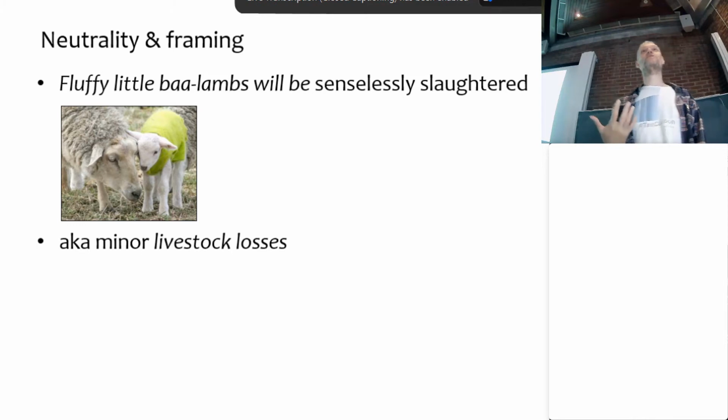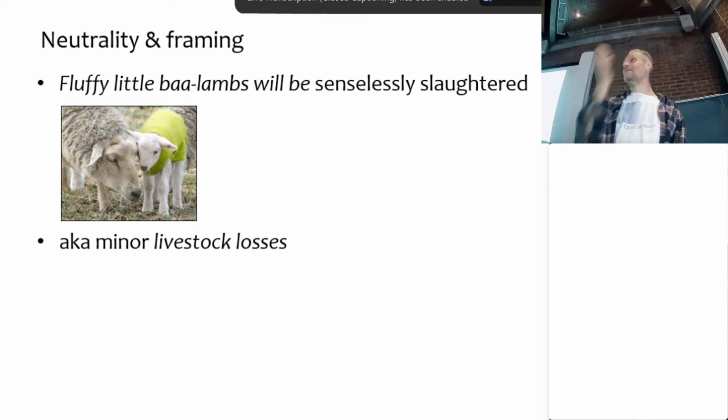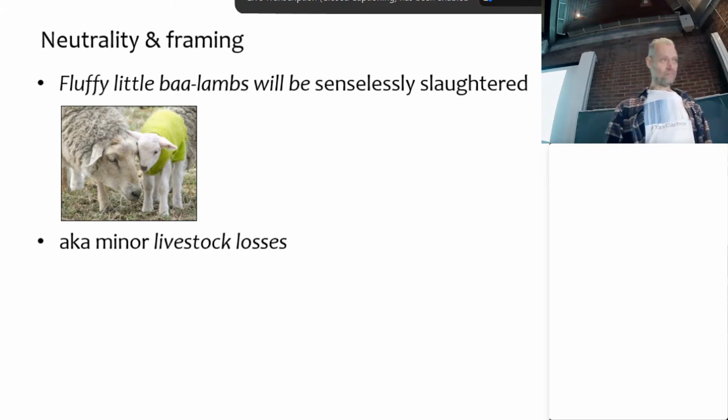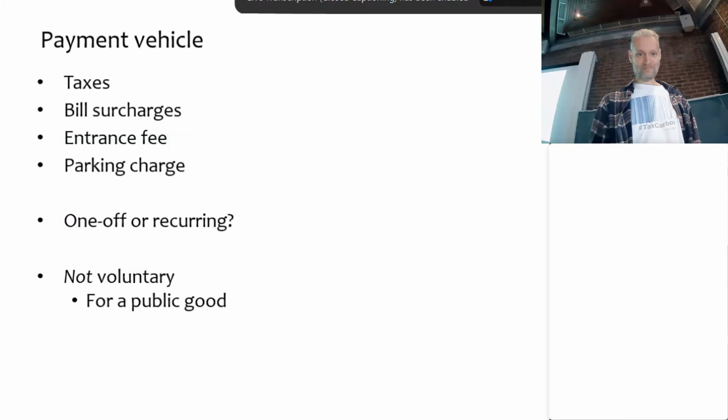There is no purpose for their killing. So you framed it in a way that is not neutral, and you also immediately say we should care about these because they're so cute, right? And you can also phrase this in a much more neutral way. Terribly important.